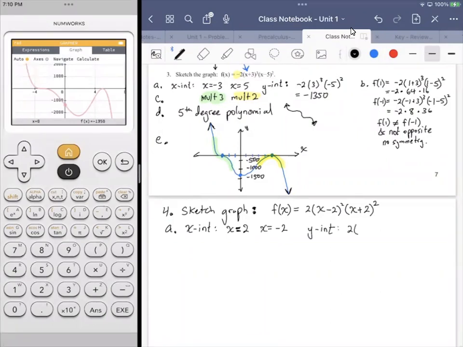So 2 times (0 minus 2) squared times (0 plus 2) squared. All right, so that's going to give us 2 times, it's going to be a 4 and a 4, so 32 would be my y-intercept. You write it as coordinates, or you just write the 32, knowing that you're going to go up 32 units to plot a point.